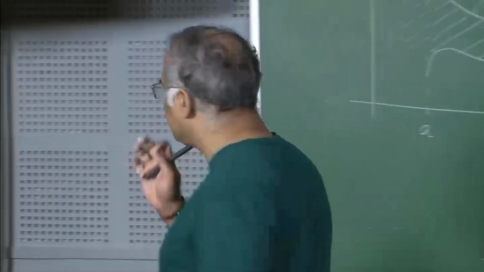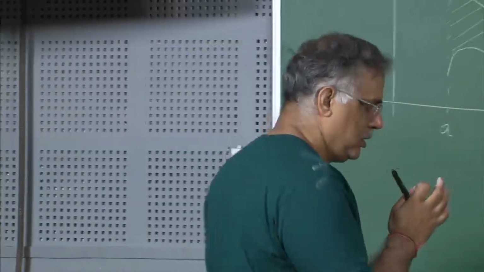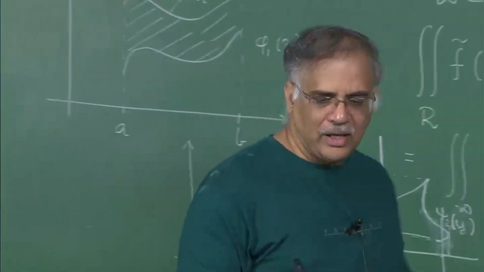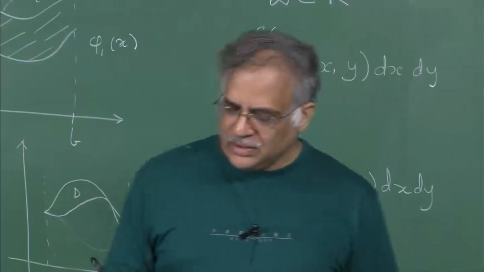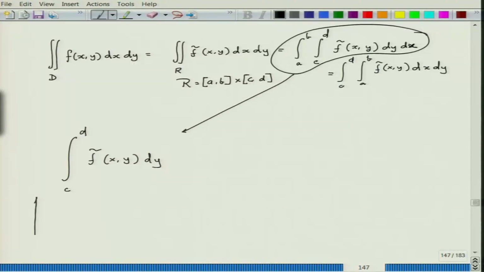So, what I have done is the following. Here is my zone. Let me consider a type 1 type of zone. Here is a rectangular zone. This is AB and this is CD.